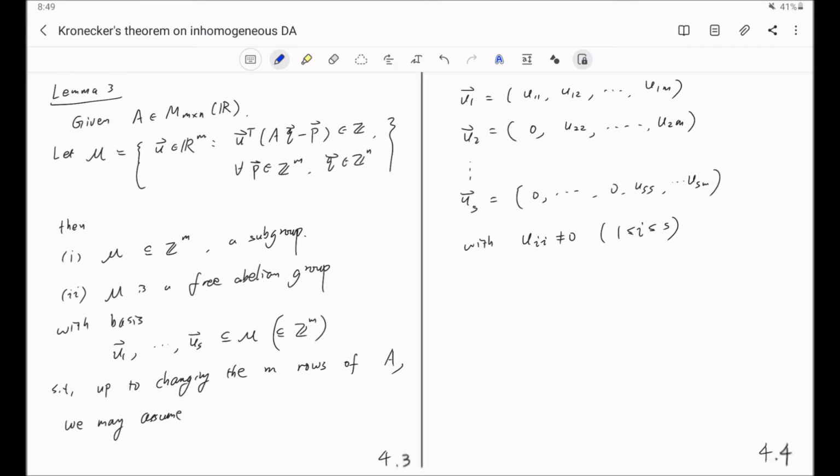And for those who know the theory of finitely generated abelian groups, s is called the rank of the abelian group M.